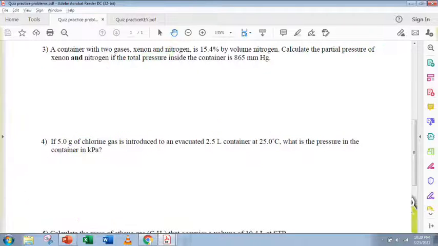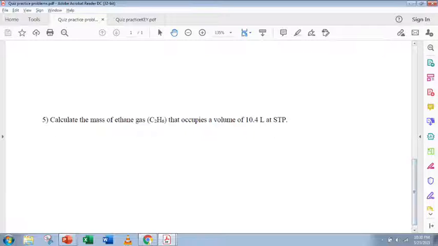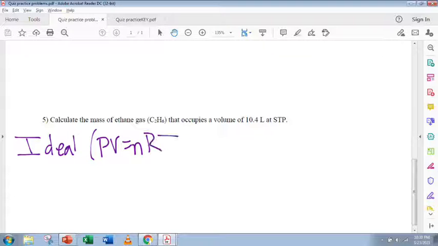And now, last but not least, question number 5 asks us to calculate the mass of ethane that occupies a gas volume of 10.4 liters at STP. So, is anything changing here? No. So, technically, we can be using the ideal gas law, and this will get us a perfectly correct answer if we use that PV equals nRT.